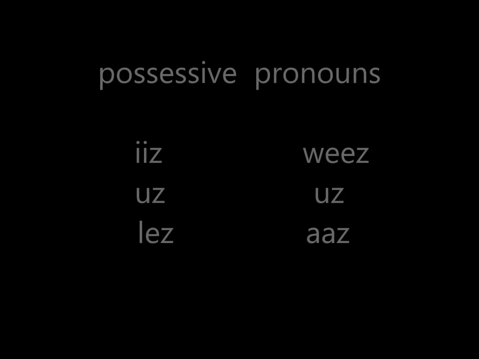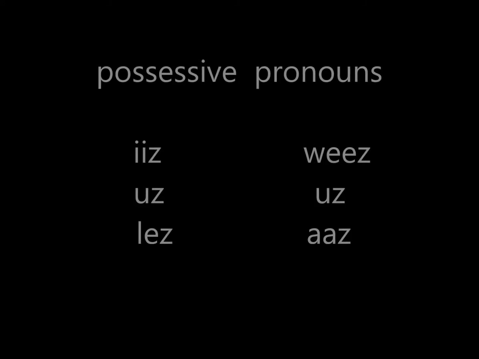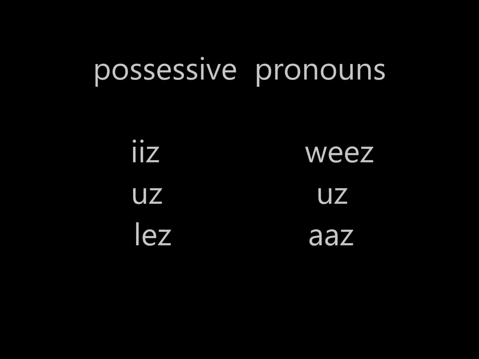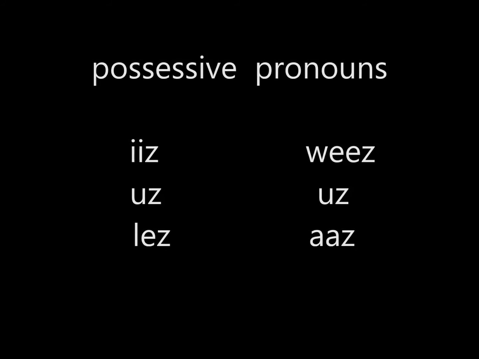For the first person plural pronoun, instead of the English words our or ours, or the Spanish word nosotros, it would be we's. For the second person singular and plural, instead of the English words your and yours, and the Spanish words usted, tu, and su, it would be ooze. Ooze in Engspan.